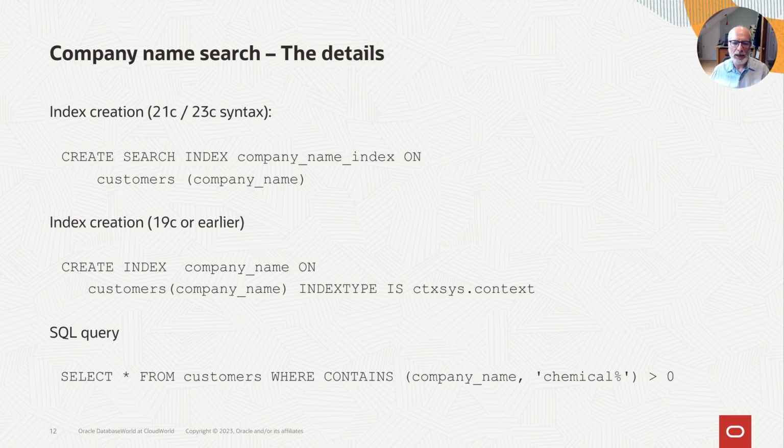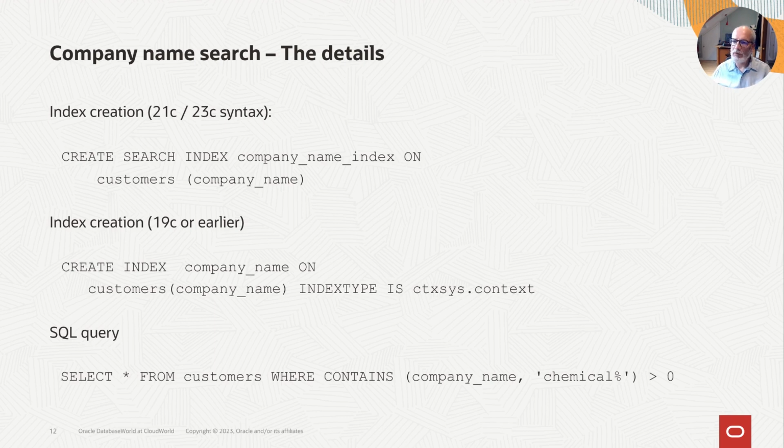This is not a like search, it's an index search on words. So we're searching for any word beginning with chemical. The contains operator itself returns a value which is basically either 0 for a non-match or greater than 0 for a match. So we always use it in this fashion, where contains blah blah greater than 0.